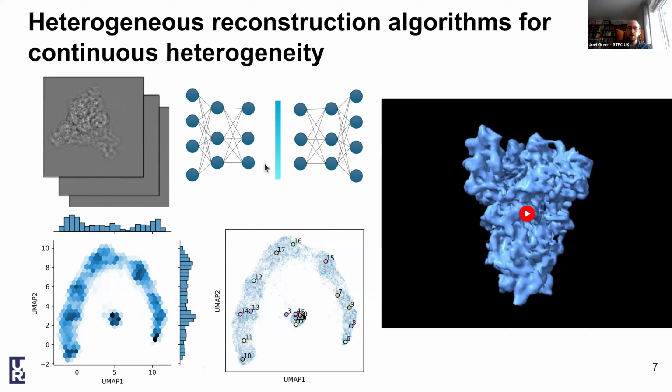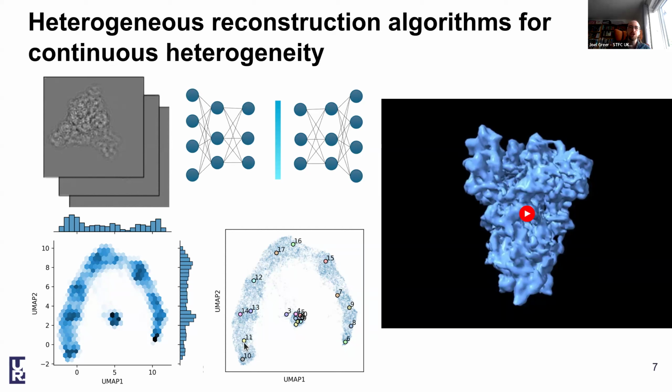They also comprise a decoder network here, which learns how to translate the latent space representation back into a volume representation. So essentially a cryo-EM density map at a particular coordinate of this latent space. To give you an example, here's a heterogeneous reconstruction algorithm I trained earlier.